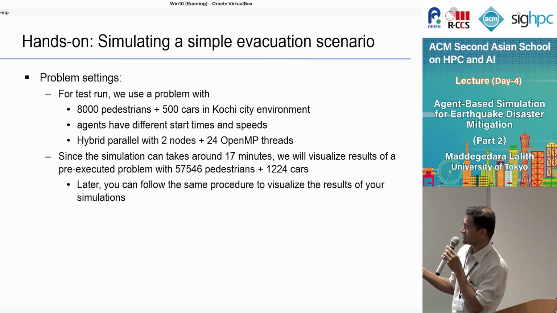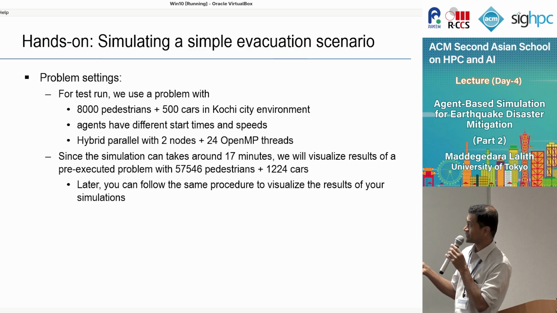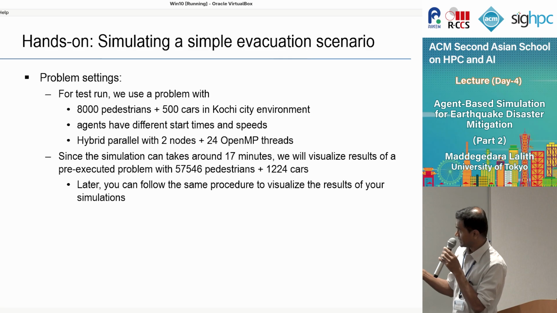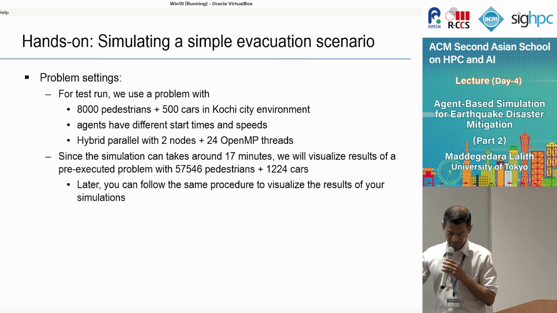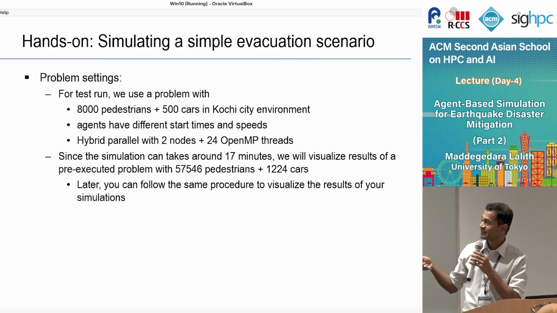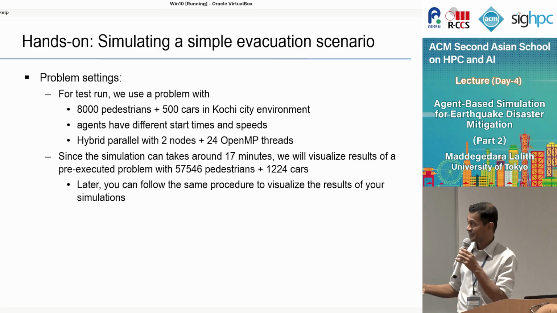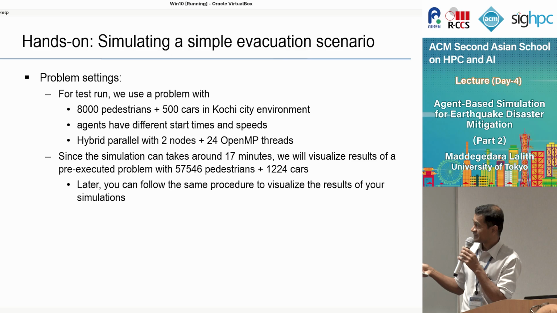I will show you how to change it. And we can set agents at different speeds. The current configuration is set to use only 2 nodes and 24 OpenMP threads, I guess. If we run the real problem I showed you, it takes quite long, around 70 minutes. So that's why we are using a smaller number of agents.